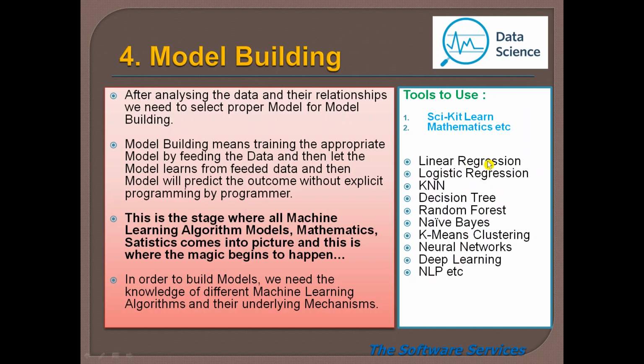Then if you give some parameters, it will give the output: tomorrow the temperature will be, say, 32 degrees centigrade. So how does it predict that 32 degrees? 32 is numerical in nature, that is continuous, not discrete. So for that kind of thing, linear regression is the model to use, friends.